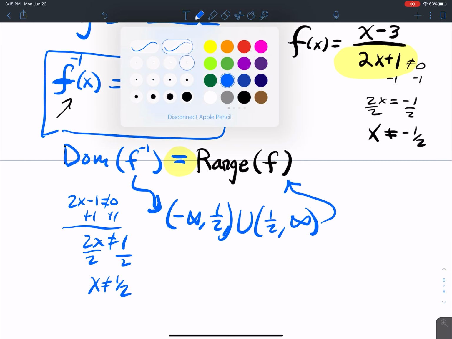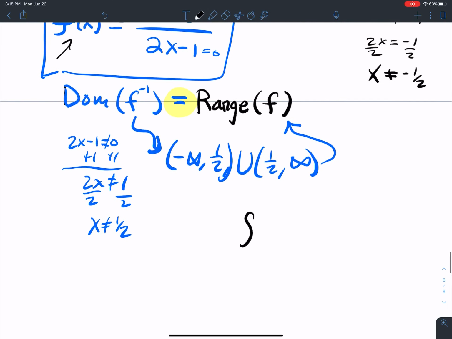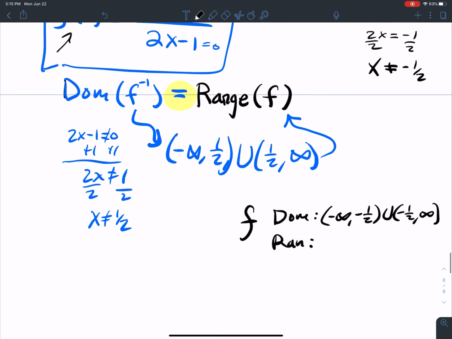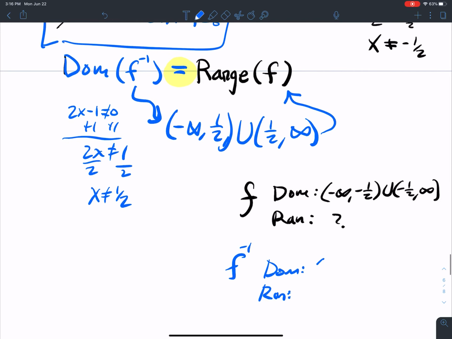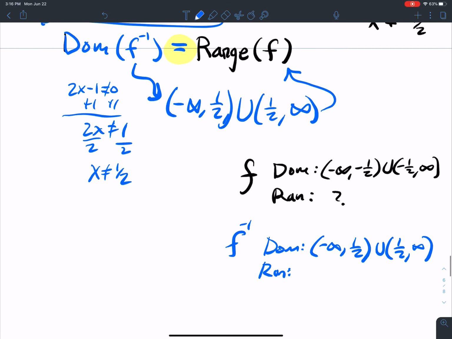Remember, f, the original, has a domain and it has a range. The domain was from negative infinity to negative a half, and negative a half to infinity. We didn't know what the range was yet. But what we do know is that f inverse has a domain and a range, and the domain for that was negative infinity to 1/2, and then 1/2 to positive infinity.